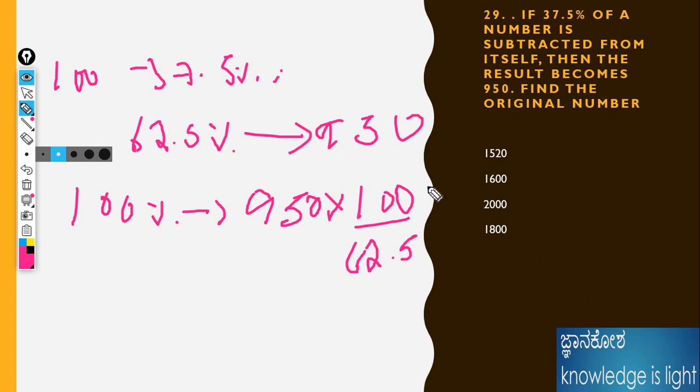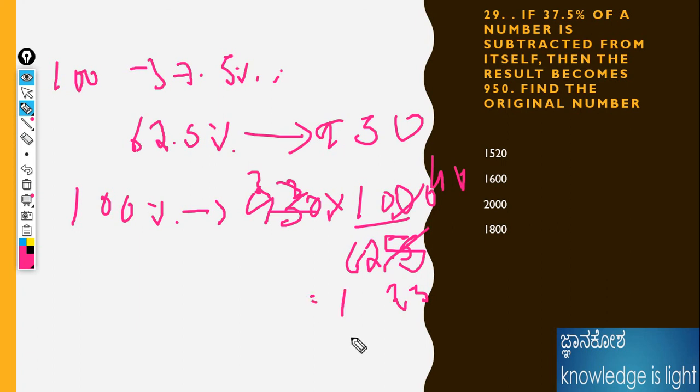I converted 1000 and 62.5 decimal by multiplying and dividing, then it's 25, 16 into 25, 5 into 25, and 38 and 40. Therefore, the answer should come as the same, only 1520.